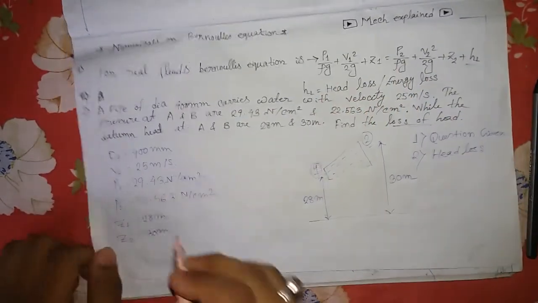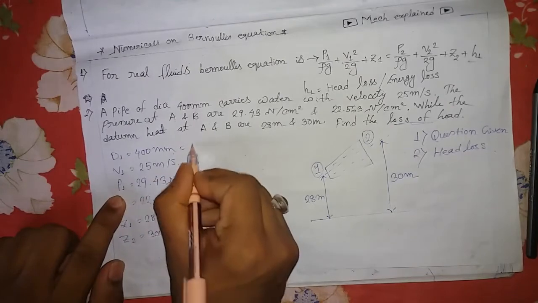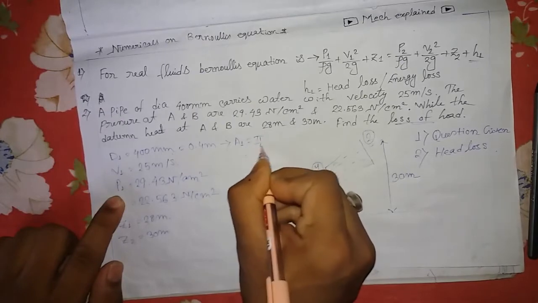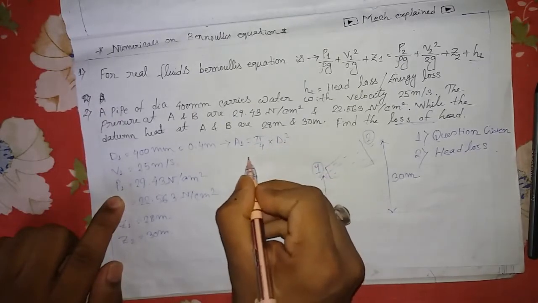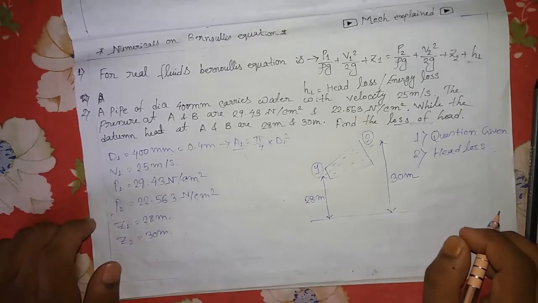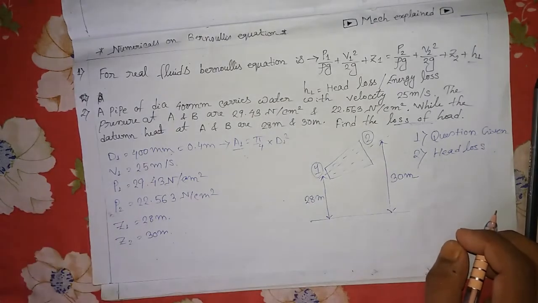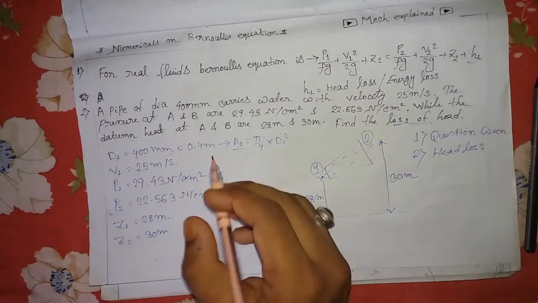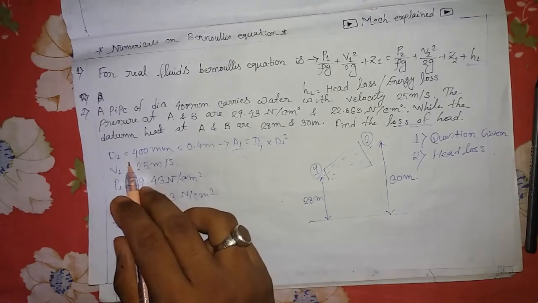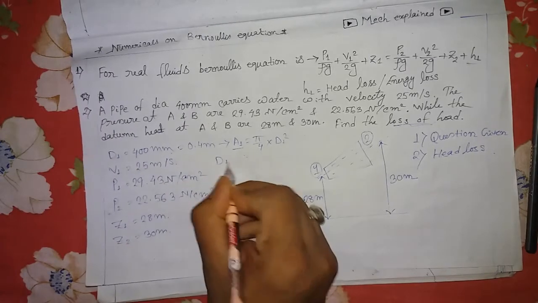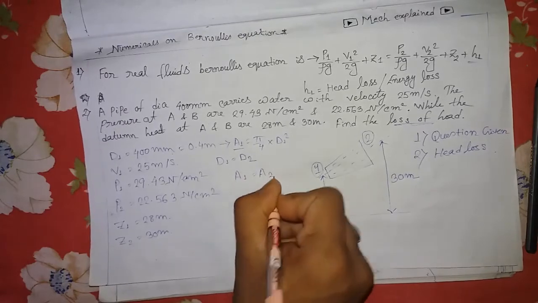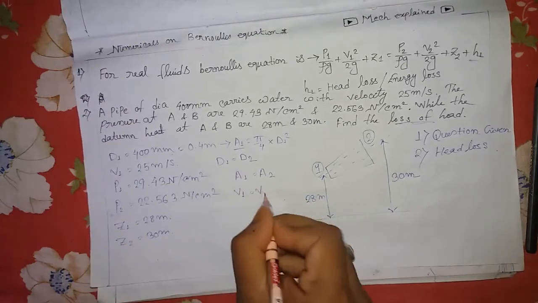Okay, see, this is millimeter, right? That means 0.4 meter. From here we can do this and we will get the area A1. Similarly, here the diameter of the cross section is the same, that means d1 equals d2, that means area A1 equals area A2, right?